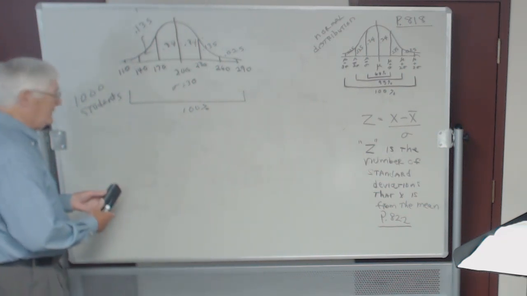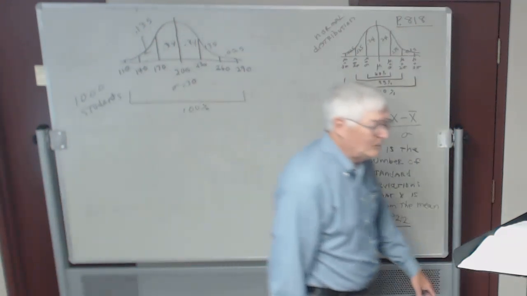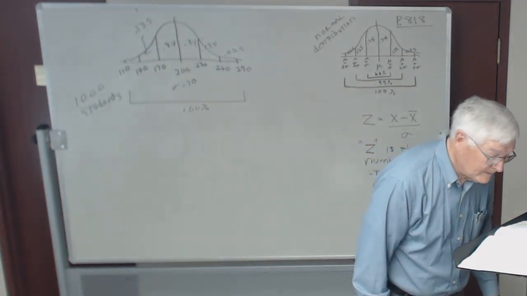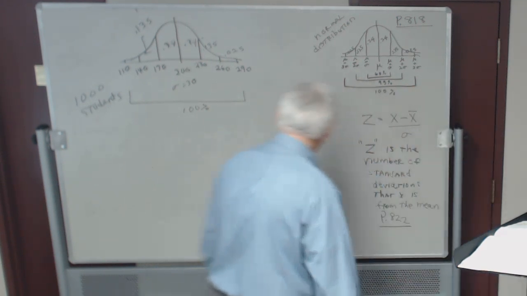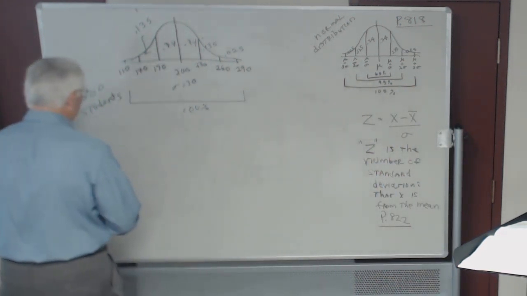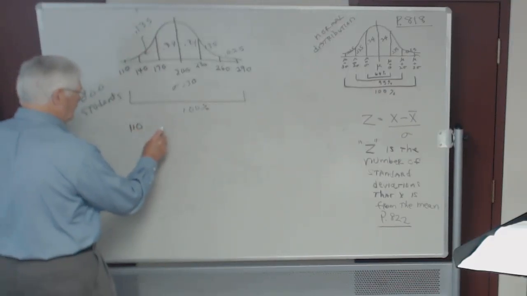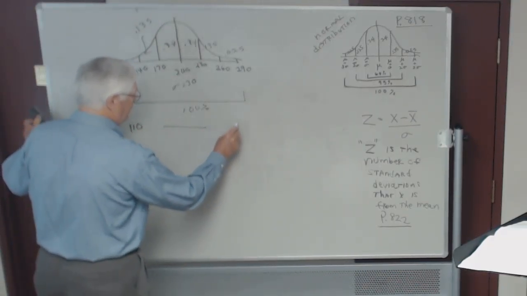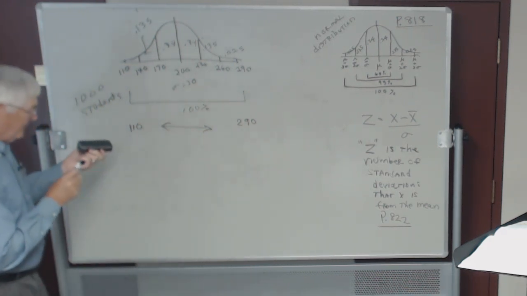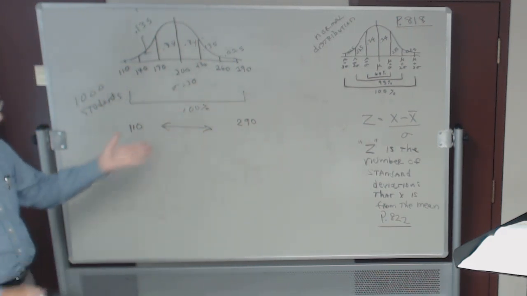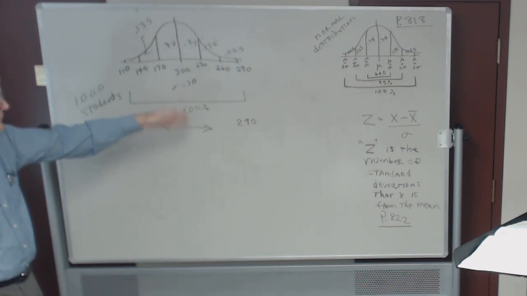So what did they ask for 4C? What's the expected range of all the scores from 110 to where? To 290. Everybody see that? The highest score I can expect anyone to make is 290.